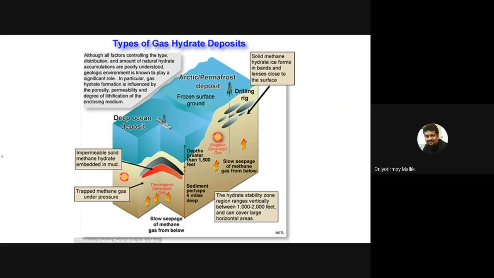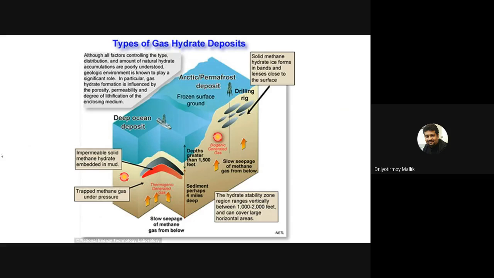Geologic environment is known to play a significant role. So you need good geologists to help engineers to exploit this wonderful resource, which is still unexplored. In particular, gas hydrate formation is influenced by the porosity, permeability, and degree of lithification of the enclosing medium.